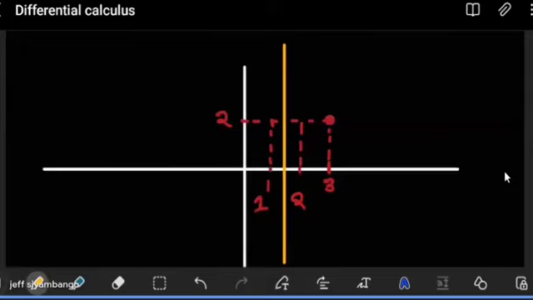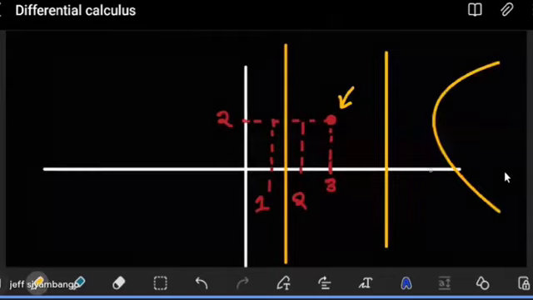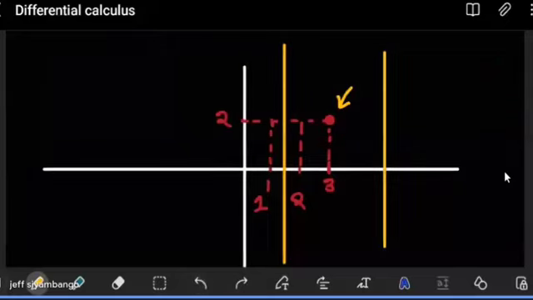Now, if this is our directrix and our center is at this point, we can conclude that the other directrix is probably going to be on this side. Then our two shapes are going to face one this side and the other one this side. We don't know exactly where they are, but here we're just trying to predict how they open.